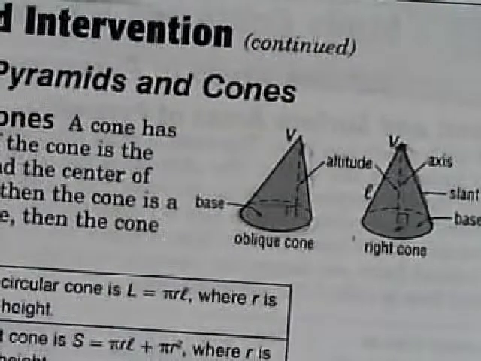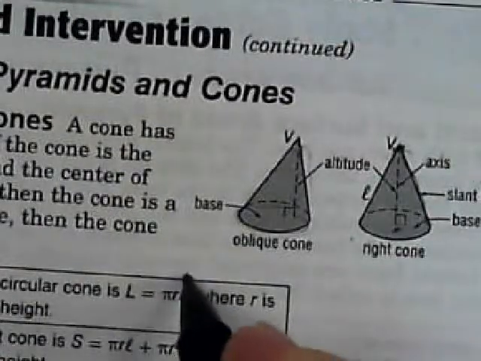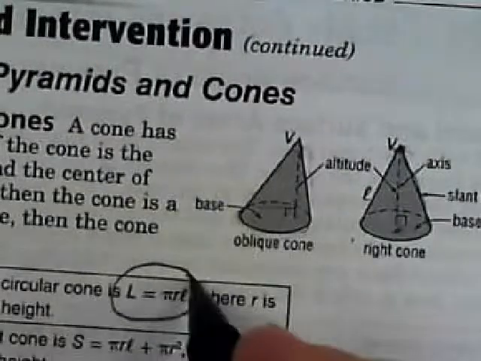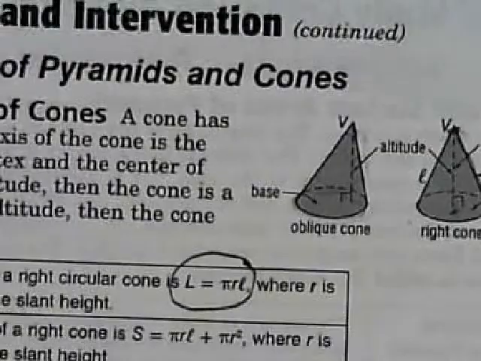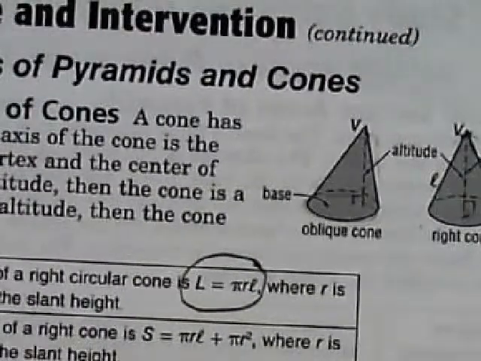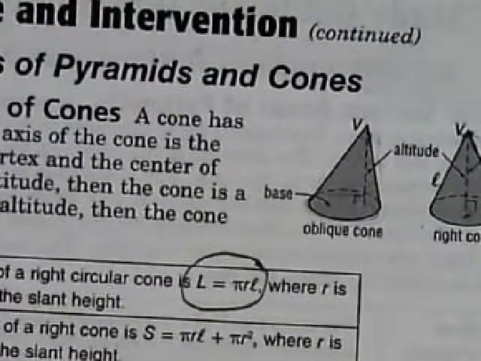Two formulas. This one may be simpler than the other one, because lateral surface area is equal to pi r L, where r is the radius and the script L is the slant height.